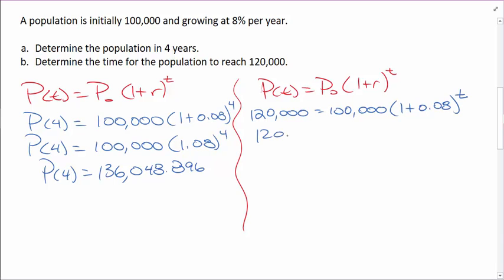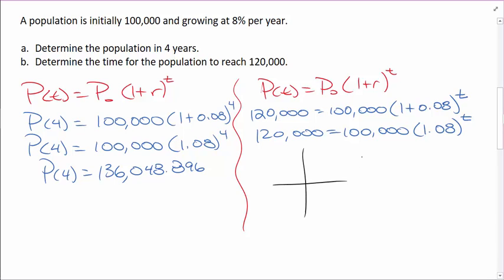We can simplify the right side of this equation, but we cannot yet combine the 1.08 and the 100,000. To solve this algebraically, we would need the use of logarithms. We haven't quite gotten there yet, so we're going to solve this graphically.